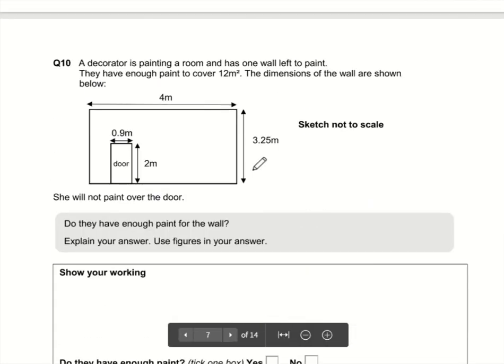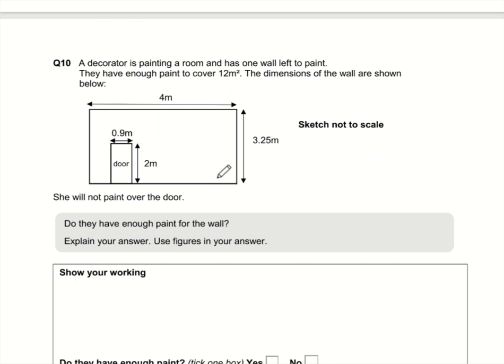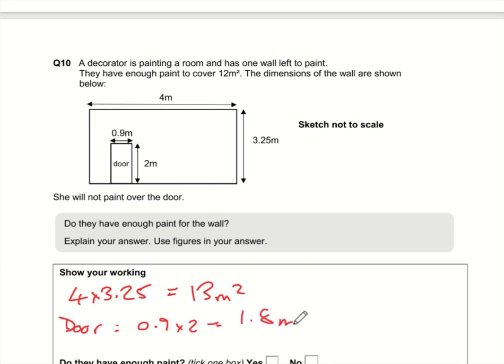Okay, so for this question we need to work out the area here. So it's going to be the area of the whole thing minus the area of the door. So 4 times by 3.25 is 13 square meters. Okay, and the door, the area of the door is 0.9 multiplied by 2, which is 1.8 square meters.